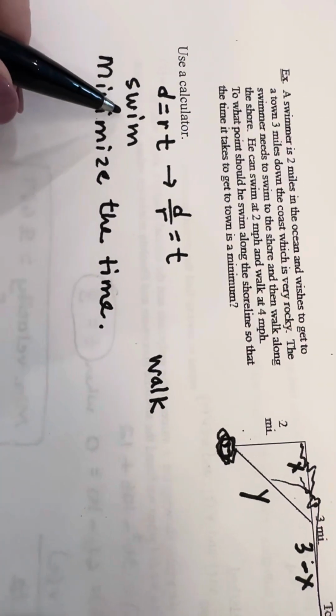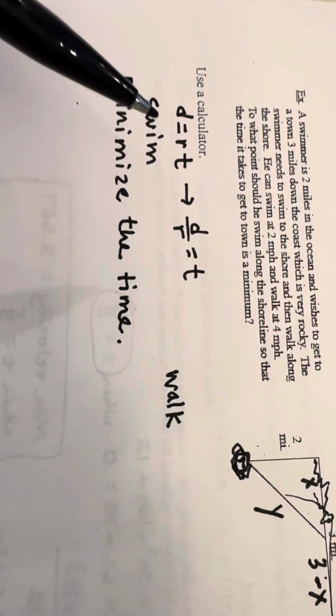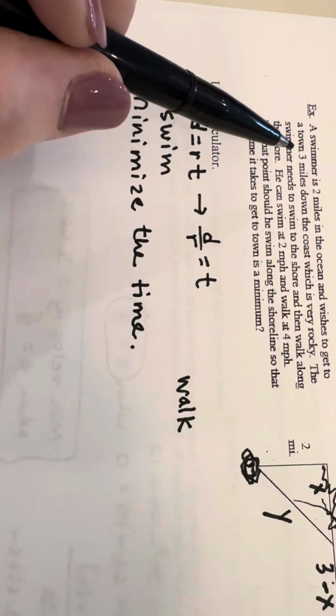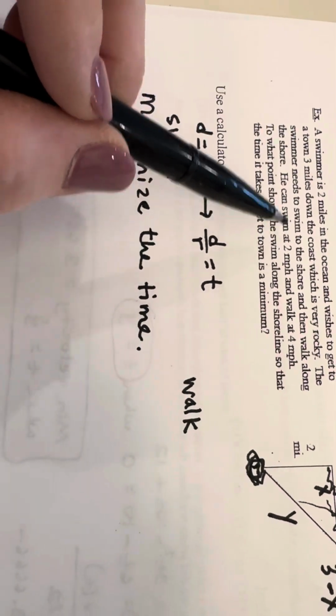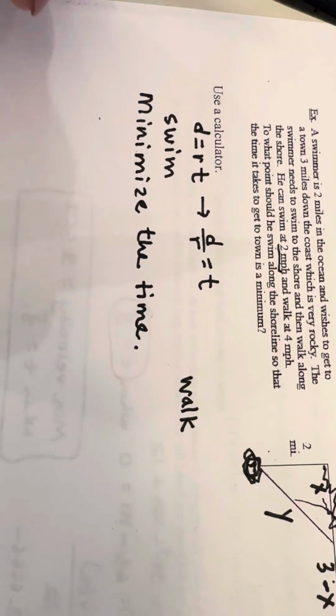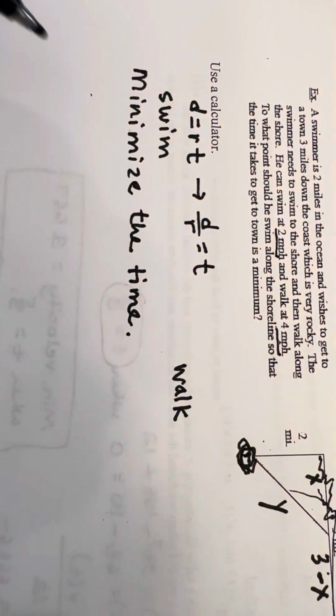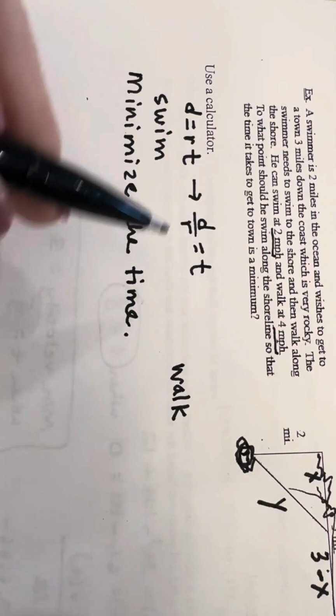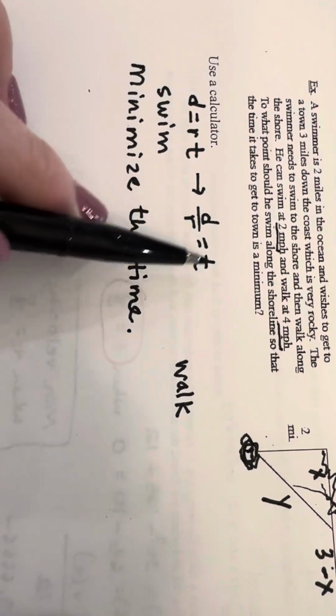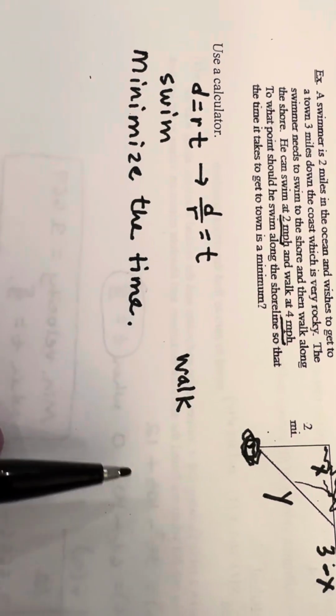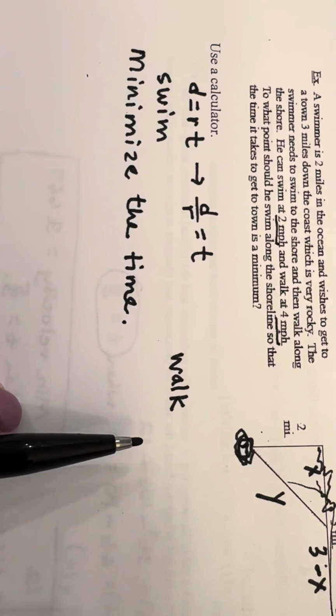So when he swims, it says that he can swim at 2 miles an hour and walk at 4 miles an hour. Those are your rates, and you're working with this formula for swimming and that same formula for walking.